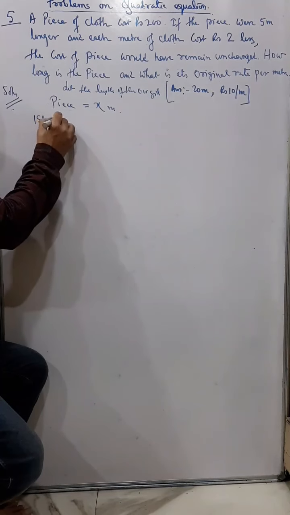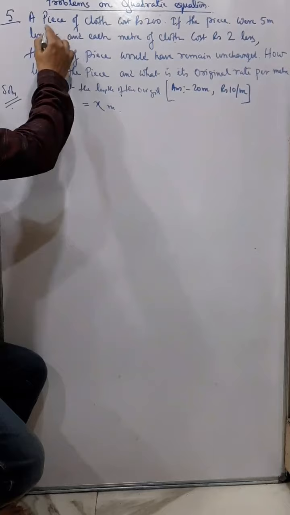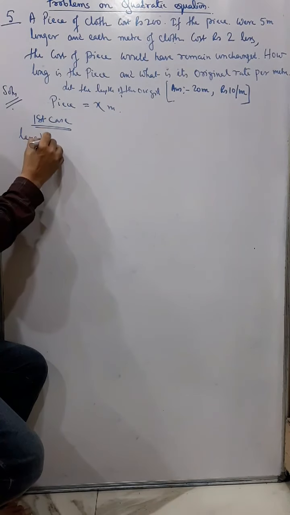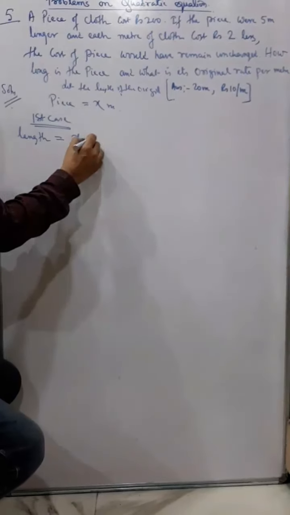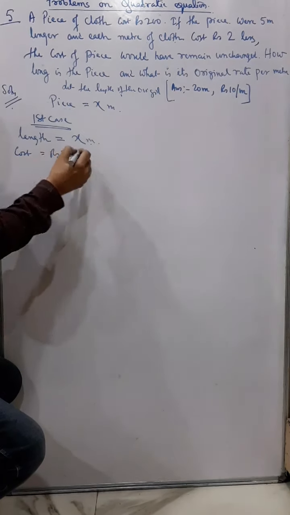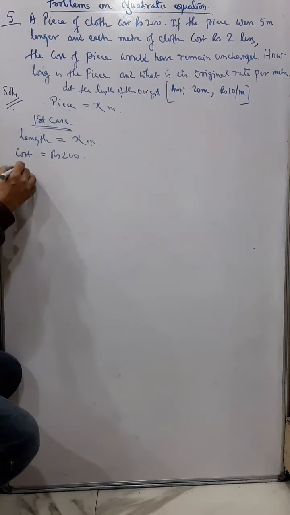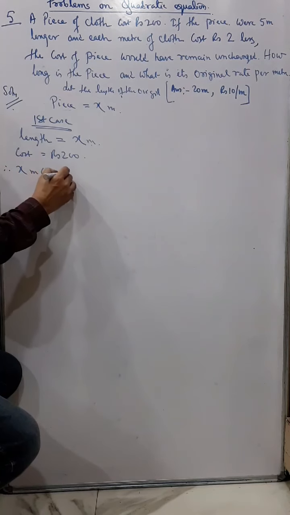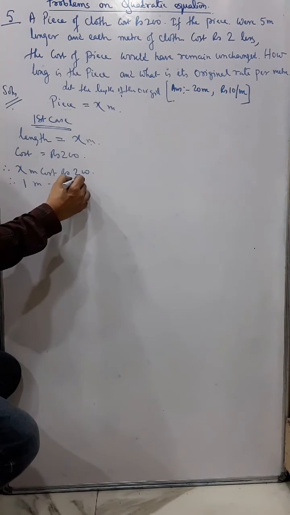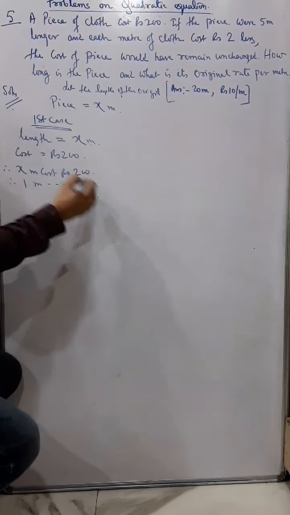So in the first case, in the case of the original one, the length of the cloth is x meters. Cost is rupees 200. So x meters cost rupees 200, and therefore 1 meter costs, per meter, 200 by x.